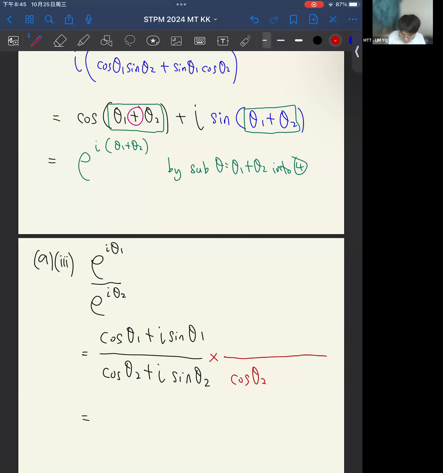What does complex conjugate mean? It means the real part is the same, but the imaginary part becomes minus: minus i sin θ2 for the denominator. And here also the same, still θ2, because this is actually 1. Anything over anything is 1.